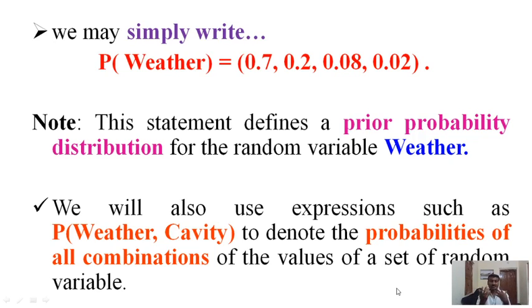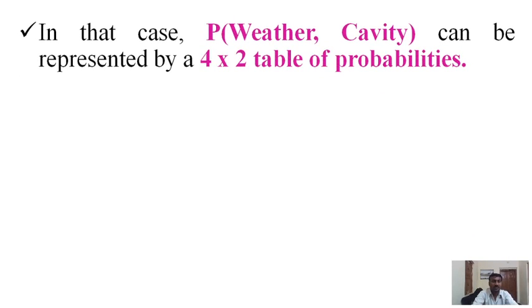So both concepts can be combined. We can combine weather and cavity also. In that case, probability of weather, cavity can be represented as a 4 into 2 table of probabilities. Four different concepts are there for weather, and for cavity we have 2, either true or false.